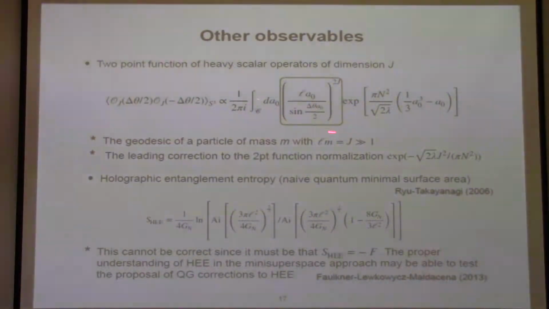So we just calculate the geodesic in this saddle point geometry. Then this is the answer we get. But the problem is that, as far as I know, there is no result in ABJM theory for this two-point function, and so we don't have anything to compare with. But this is what we get if you just calculate.